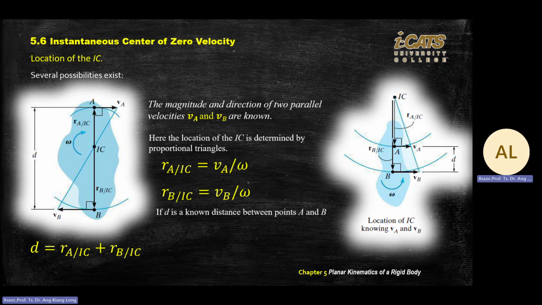So you repeat the same procedure. You draw the velocity vectors first, VA and VB. Then you put your ruler on top of the vector and draw a straight line. Here, you also meet another point, the IC, and then you get the distance D.